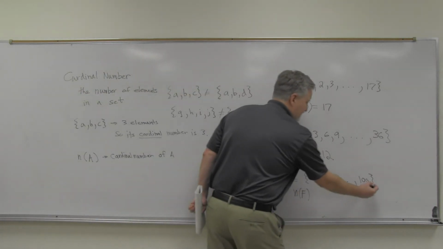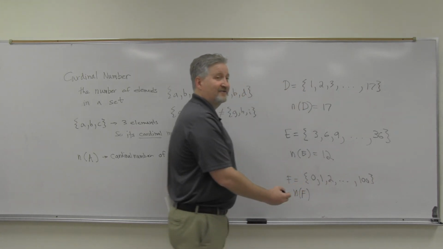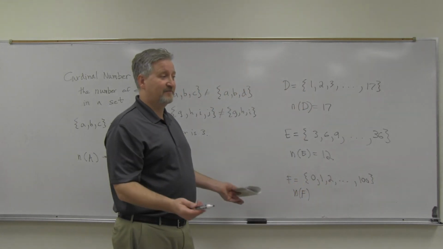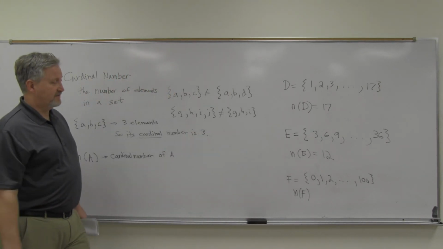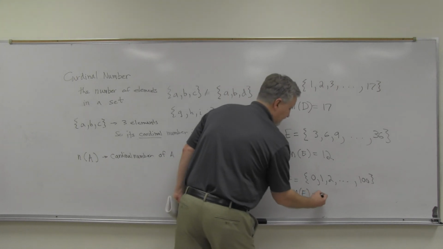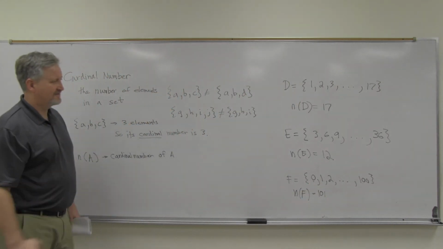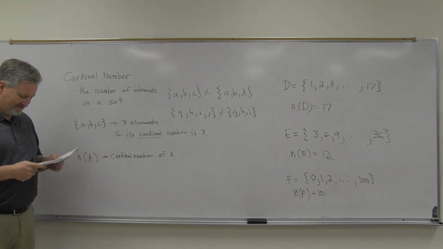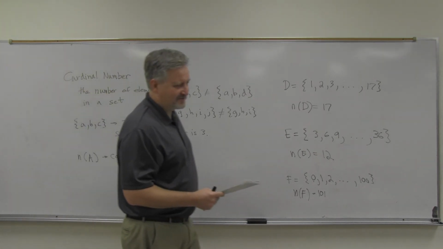Yeah, because you got the 100 elements, 1 to 100, but 0 is an element. So it counts. Just like before we said, if you put 0 in the separator, that's not the empty set. Yeah, be sure and count your 0 as an element there. It does count. All right, any questions or concerns there?